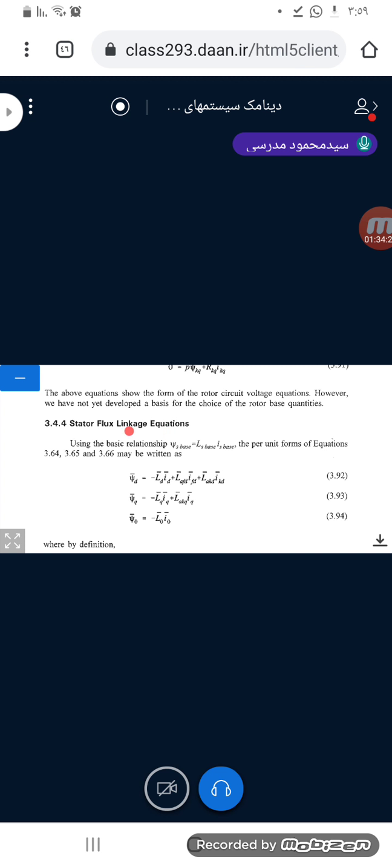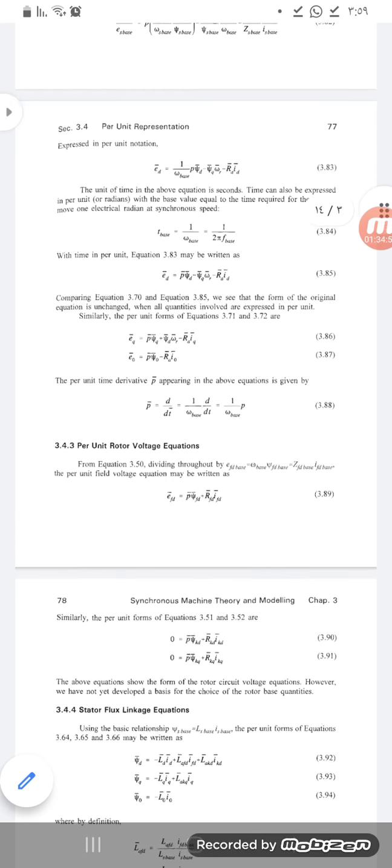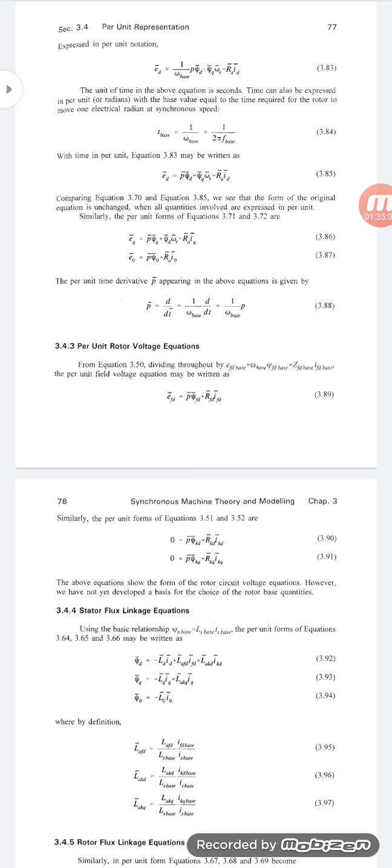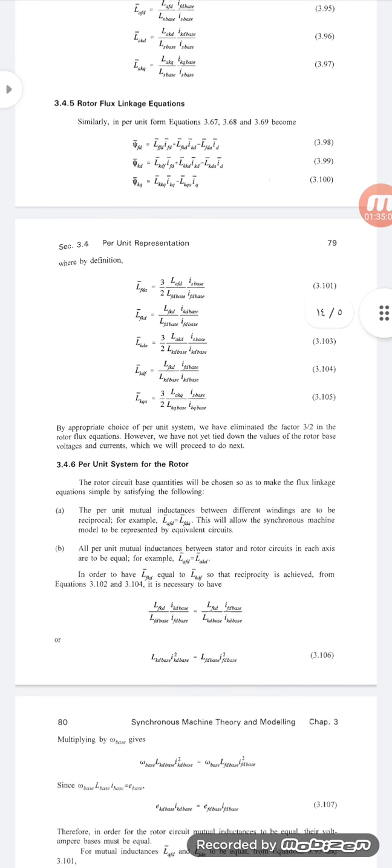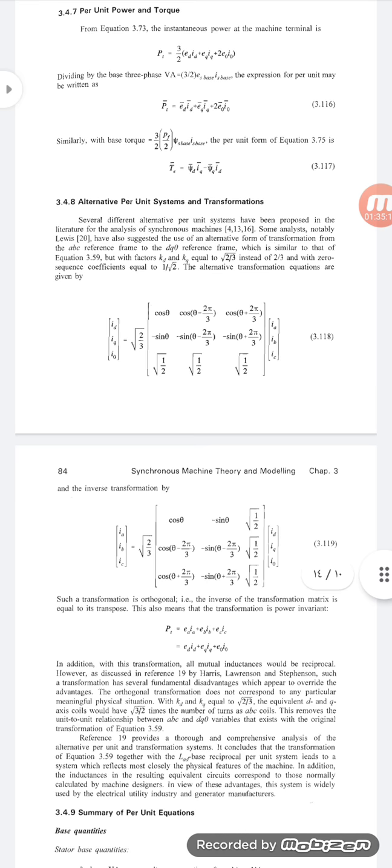Stator flux linkage equation. You see the equation of flux linkage, but they are per unit quantities. So psi_d per unit is equal to minus L_d i_d, all of the quantities in per unit.